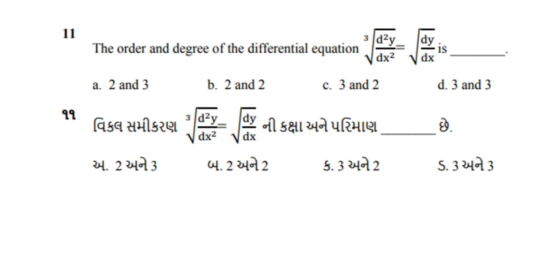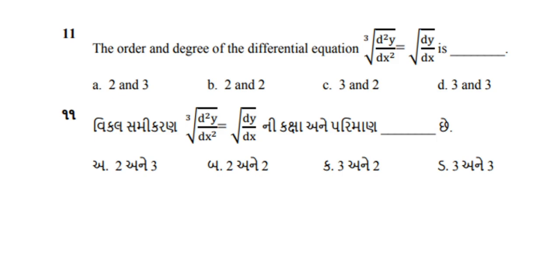Next is question number 11. The order and degree of the differential equation: third root of d square y by dx square is equal to root of dy by dx. This equation is very simple, and according to the definition, the order is the highest order derivative in the equation, with no negative or fractional power of the dependent variable and its derivative.